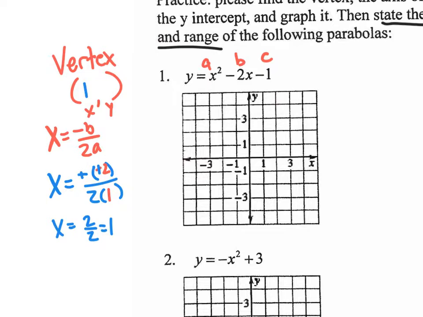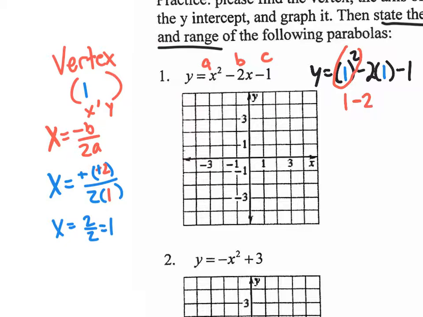To find the y value, you simply plug in the value of 1 into your x positions. So let me rewrite it over here on the side and plug in 1. As you can see, we're plugging it in with parentheses. So we're going to plug in the 1 inside the parentheses, and let's do the math correctly according to the order of operations. You're going to begin with the exponents. 1 squared is 1.